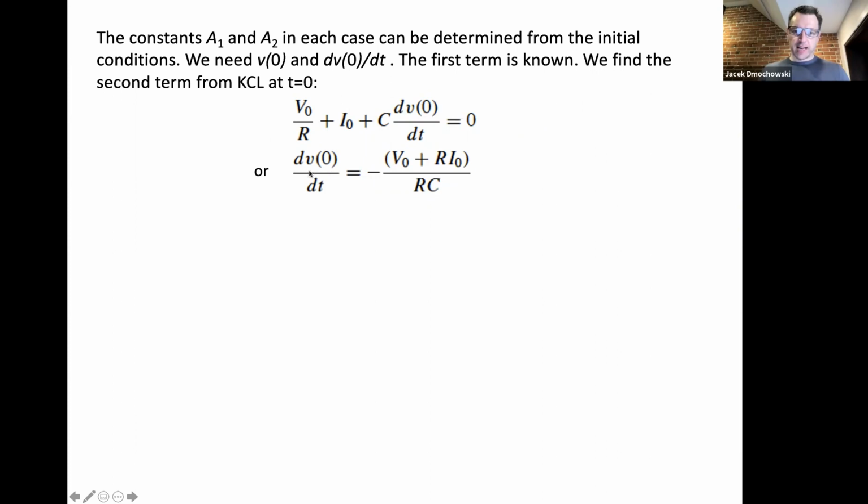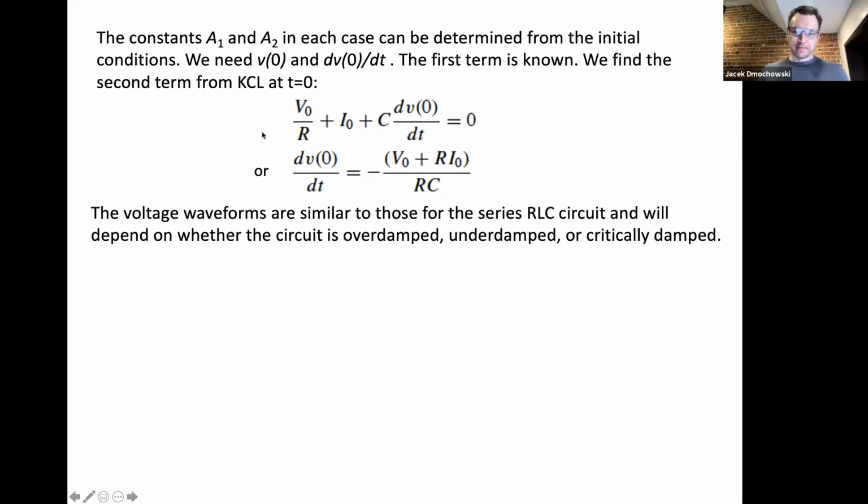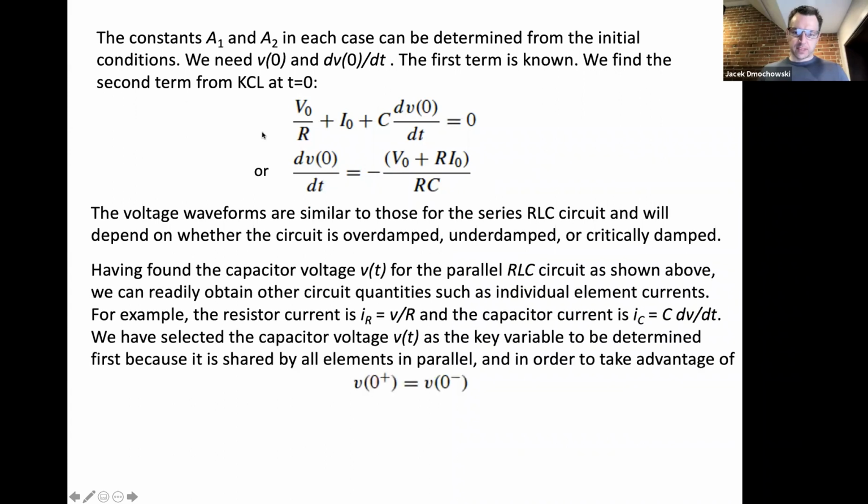And so the initial value of the derivative of V can be obtained from the initial value of the voltage and the inductor current. In other words, if you have V naught and you have I naught, you can get the initial derivative of the capacitor voltage, which then will give you the two equations that you need to solve for A1 and A2. Remember, we are solving for the capacitor voltage.